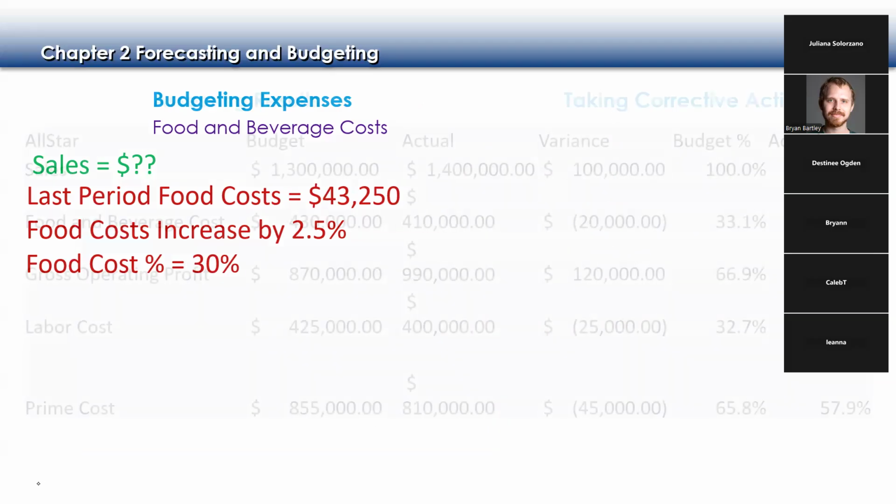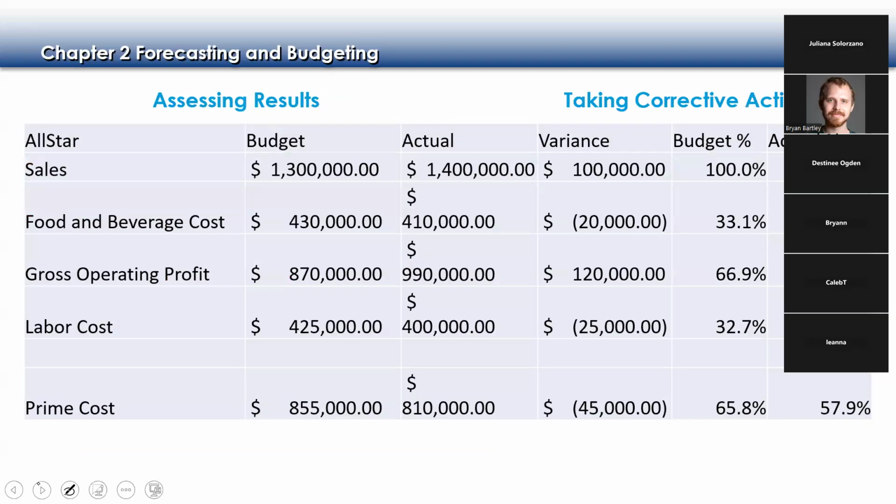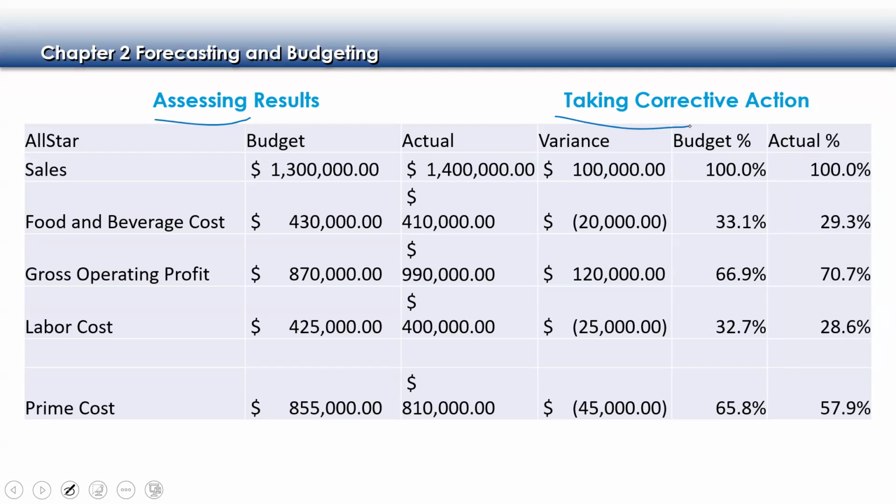Okay, so let's take a look. Now we're going to assess the results, and then finally we're going to take corrective action. Looking on the screen here, we budgeted 430,000 for our food cost, but we actually only spent 410. So that means we were $20,000 under. The parentheses mean under, it's a negative, right?